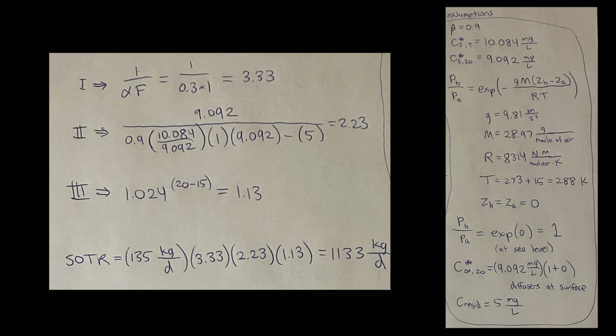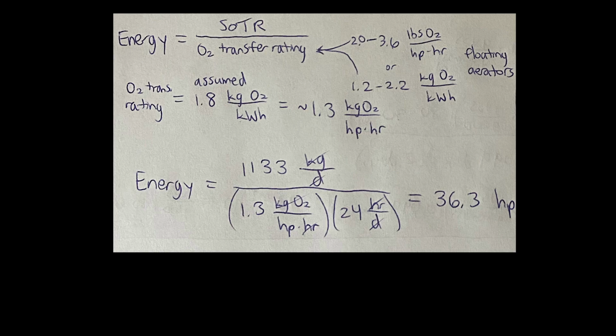So now we multiply our oxygen demand, 135 kilograms per day, by those three terms in order to get the standard oxygen transfer value. That, as you can see here, is equal to 1,133 kilograms per day.